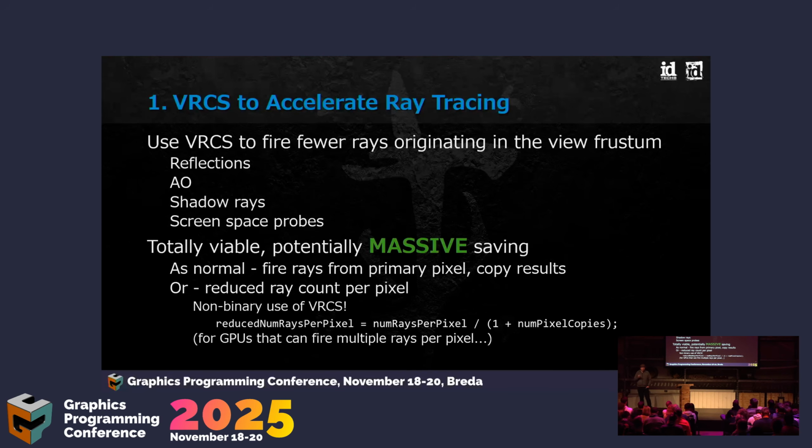We could just fire all those rays from a primary pixel and copy the results to the duplicate pixels. Or, if you're lucky enough to own a GPU that can actually fire more than one ray per pixel, you could perhaps reduce the number of rays fired per pixel based on the number of duplicates, because you're, by definition, saying this is not a very interesting area of the image.